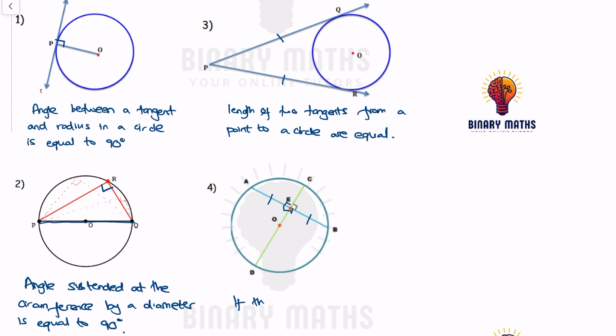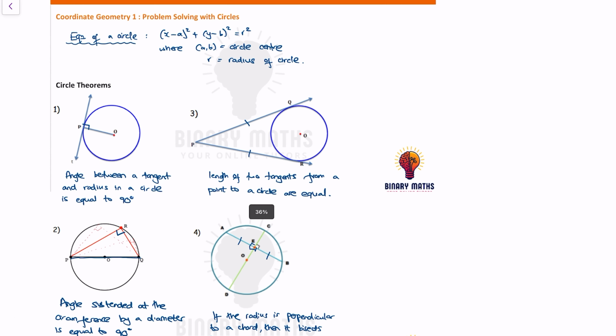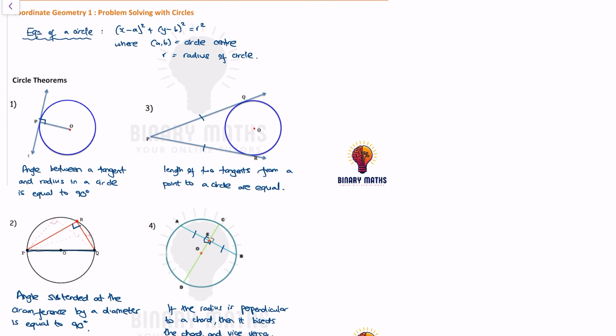So if the radius is perpendicular to a chord, then it bisects the chord, and vice versa. Okay, so these are all the theorems that you need in order to solve problems with circles.